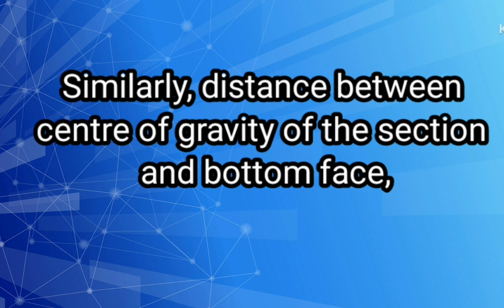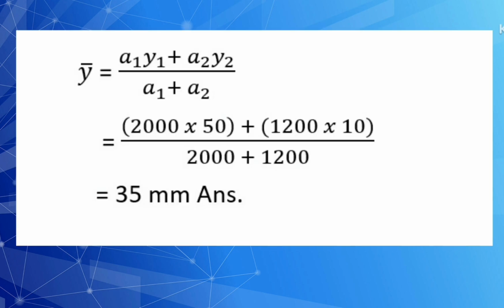Similarly, the distance between the center of gravity of the section and the bottom face, y bar, is equal to A1 y1 plus A2 y2 divided by A1 plus A2, which is equal to 2000 into 50 plus 1200 into 10 divided by 2000 plus 1200, which is equal to 35 millimeters.